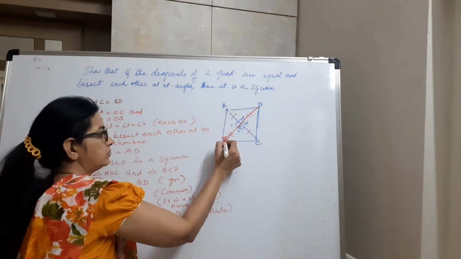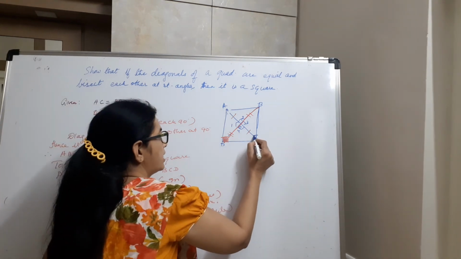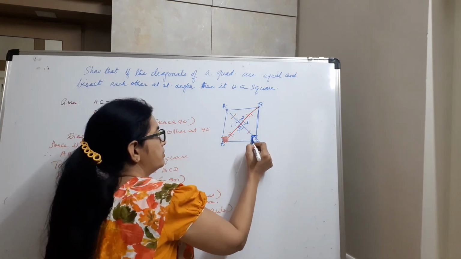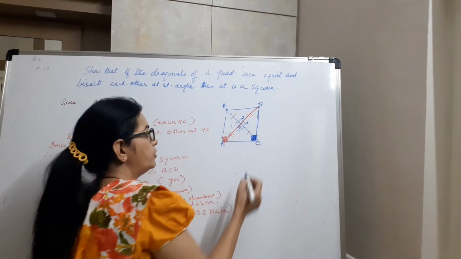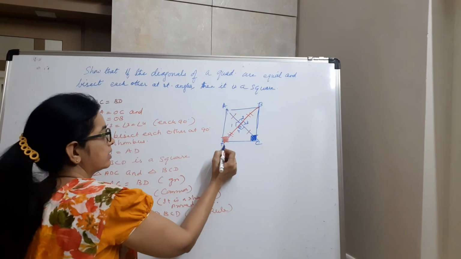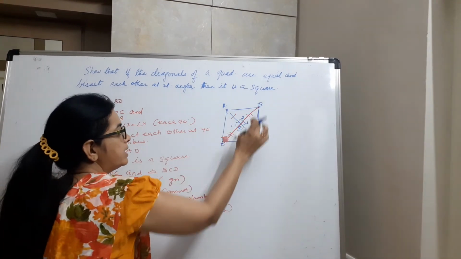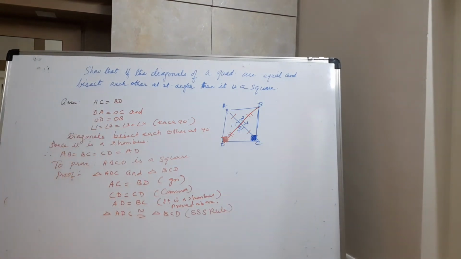This angle and this angle. From triangle ADC I get this angle, and in BCD I get the one which I have shaded blue. These two angles are equal.